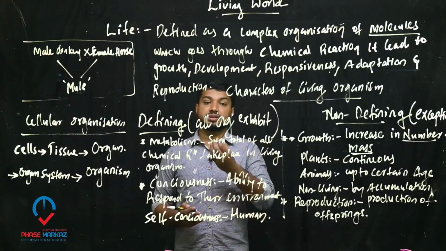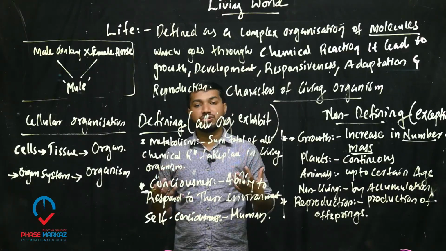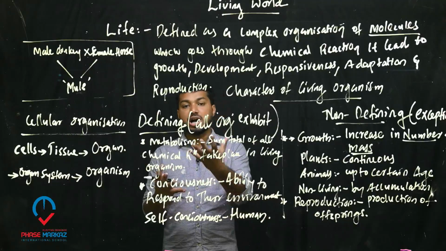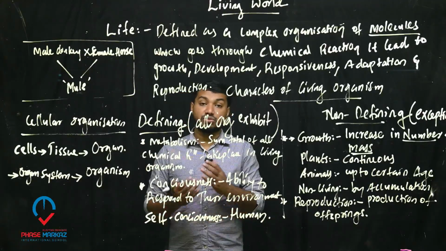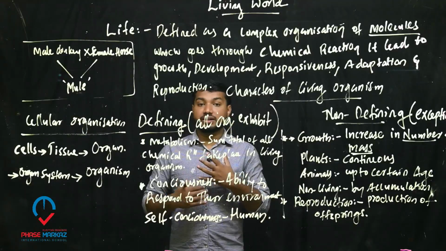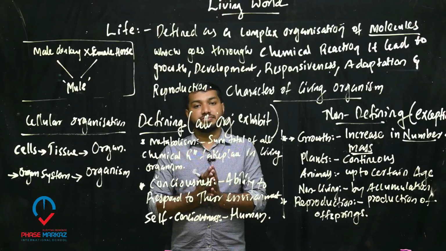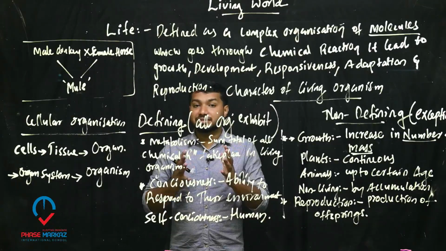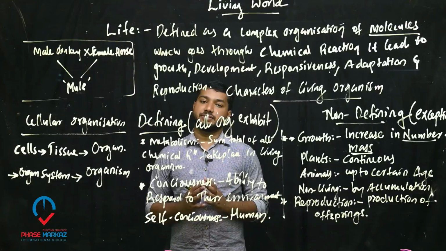Respiratory system: the nose, the nasal passage, then trachea, bronchi, bronchioles, lungs, everything together we call a respiratory system. And the circulatory system: heart, arteries, veins, etc., together, the circulatory system, right. So the many systems together we call an organism, a man.